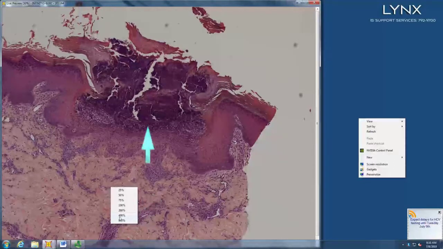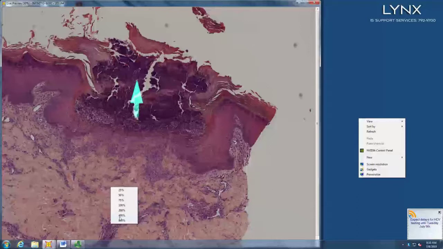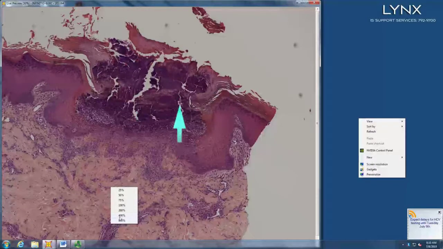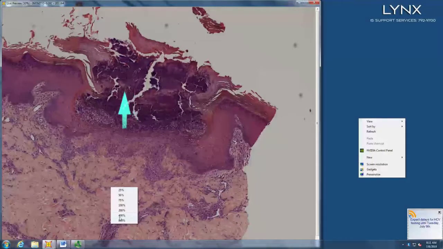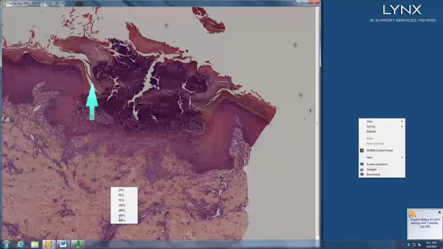Hypergranulosis, acanthosis. And what are these vertical things within all that crust? Probably collagen bundles. So what would give you a fairly broad cup-shaped depression filled with debris and crust with vertically oriented collagen spitting out?